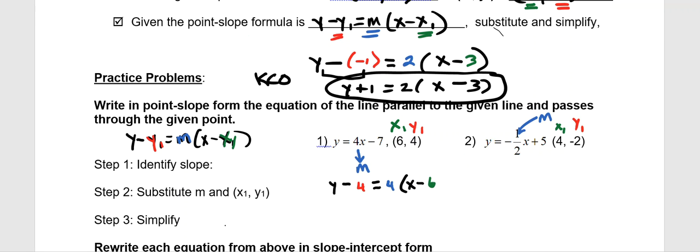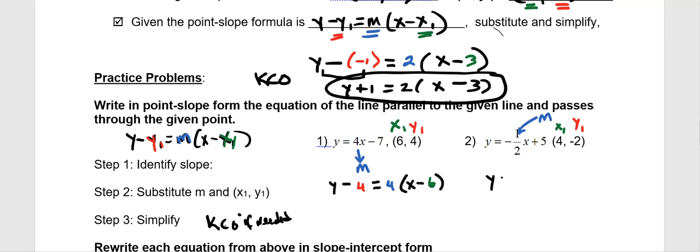And don't forget, if we had to simplify, that would just be a matter of using KCO if needed, to change any minus and negative into a plus. All right, so let's quickly do that with the other equation.